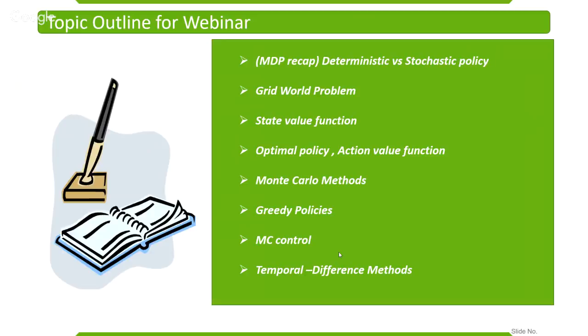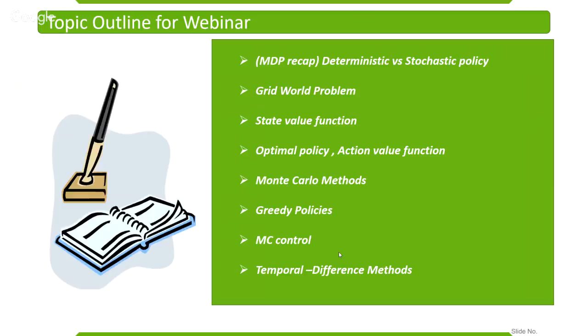Moving forward, the topic outline for today's webinar: the first topic would be the Markov decision process recap from the previous session, using the example taken in that session. So, drawing a line between deterministic and stochastic policies, and then understanding a small grid world problem to understand the state value functions better.